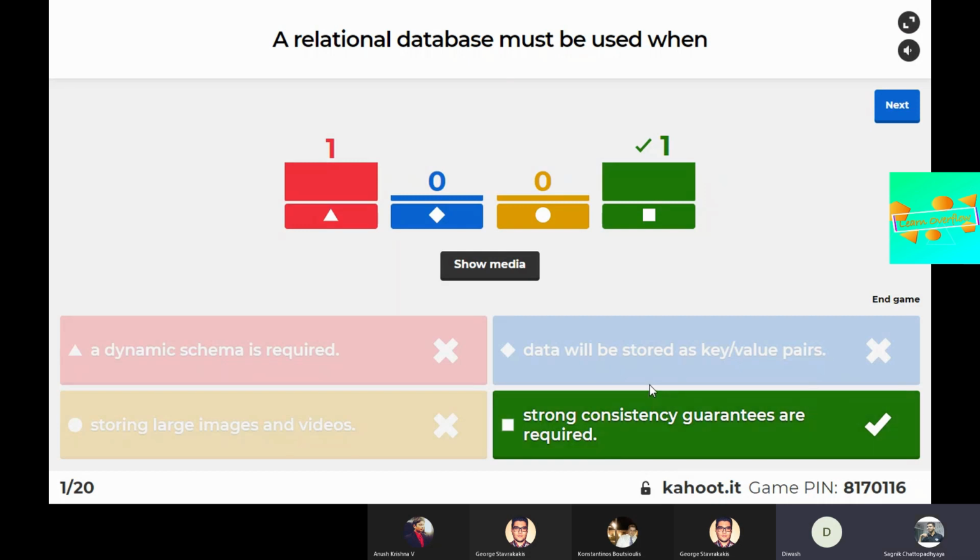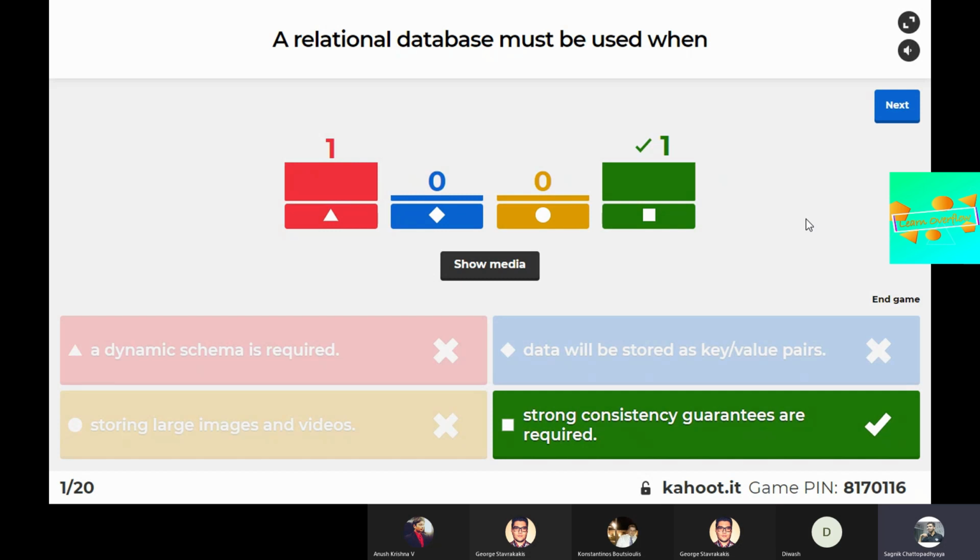Okay, let's analyze this question. Whenever we say storing large images and video files, that's basically blob storage, right? We cannot store images and videos in table format. If you have gone through the first module of the first learn path, you can understand that images and videos require blob storage, binary large object storage.